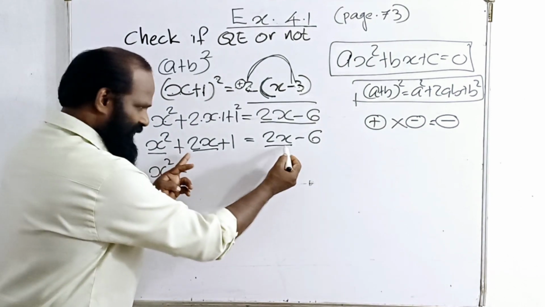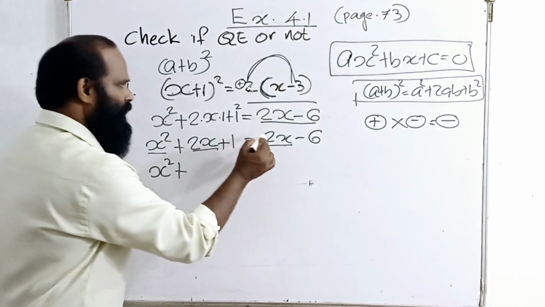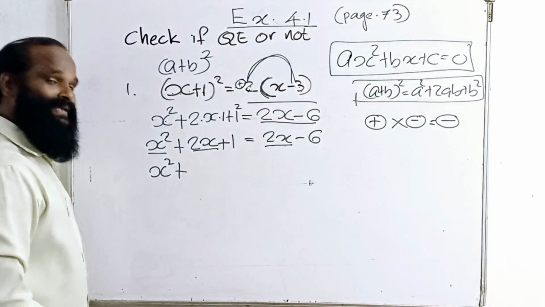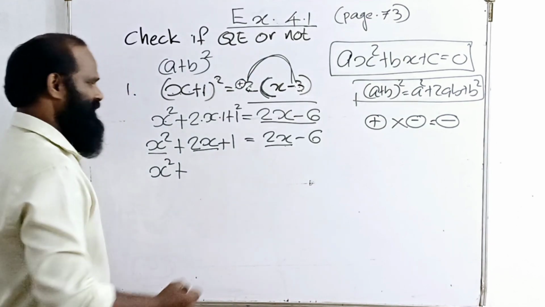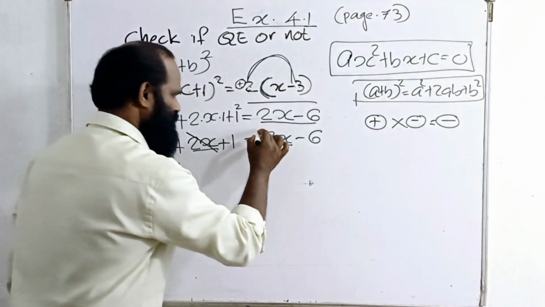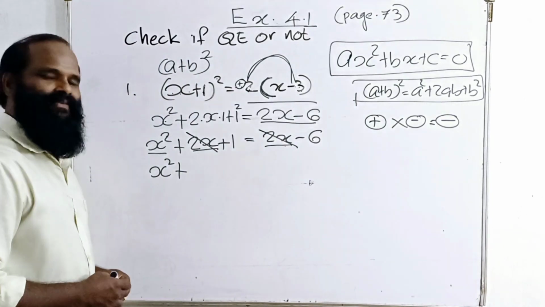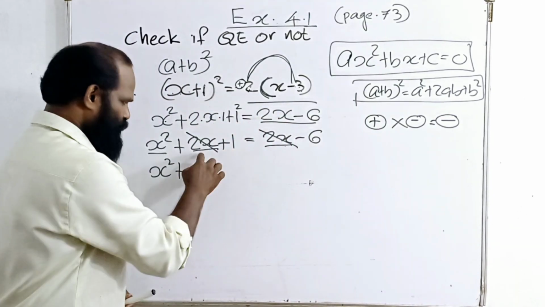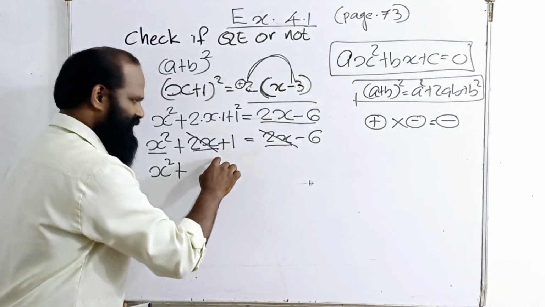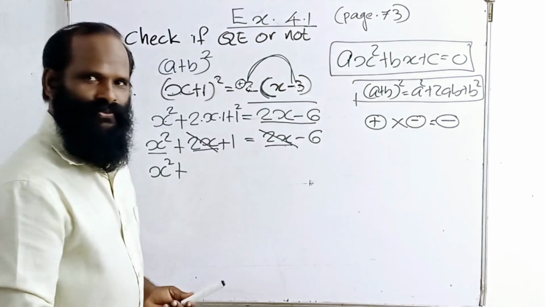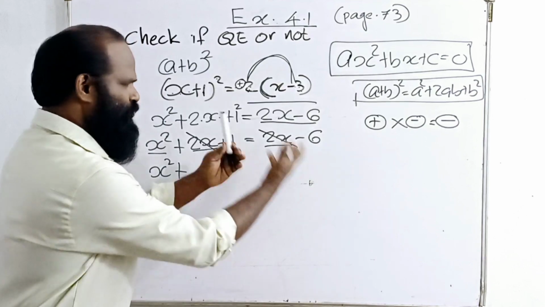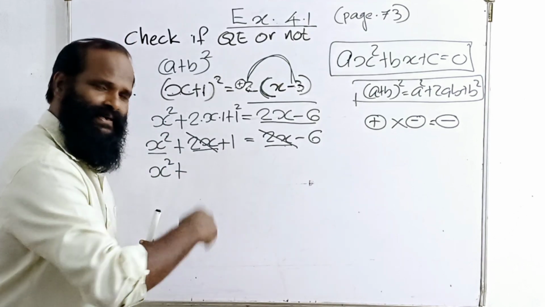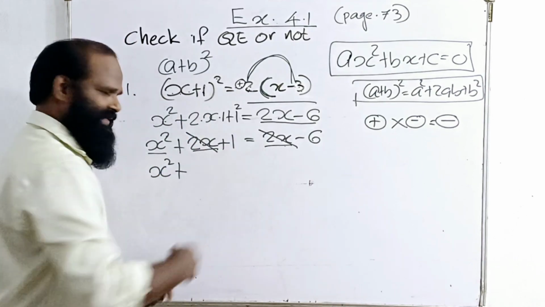They are the same terms, the signs are also the same, so they can be straight away cancelled. We don't need to deal with 2x and 2x. Even if 2x is brought to the left side, it will become minus 2x. 2x minus 2x is 0. No need of wasting time bringing 2x from RHS to LHS. Let us cancel it here itself.